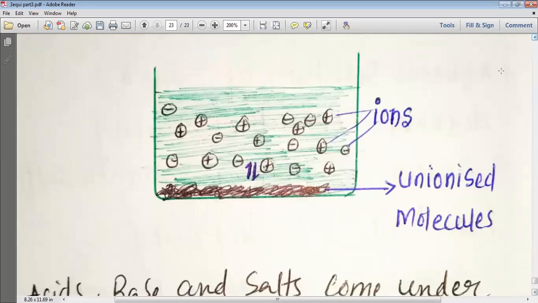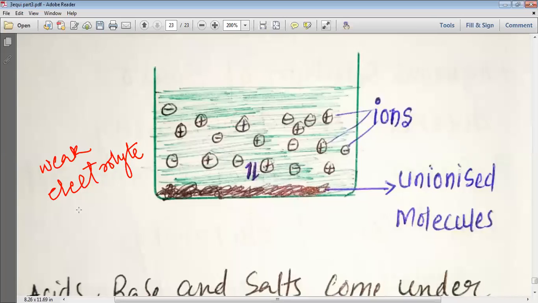Let us understand this. Suppose we have added one substance, and this substance is a weak electrolyte.